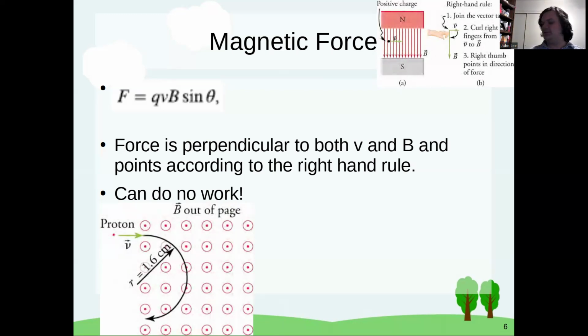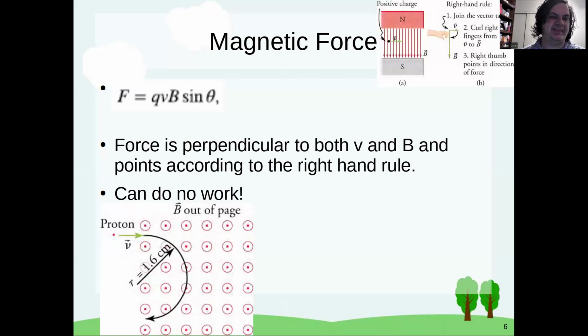Another thing that's interesting is that even though it does no work, it can still have circular motion, because if you'll remember, circular motion has a force perpendicular to the velocity of the particle or the object you're looking at.